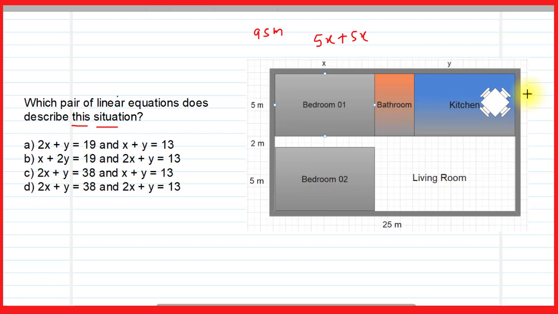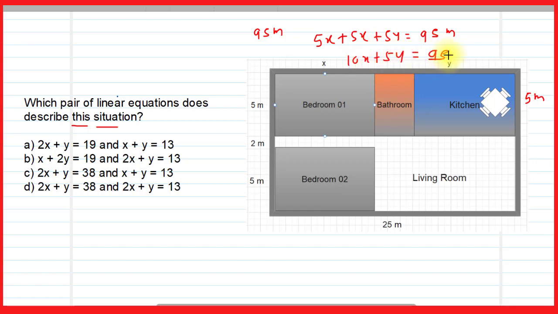So the area of 2 bedrooms and the area of this kitchen will be equal to what? This length will be 5 meter and this will be y meter. So it will be 5 into y, length into breadth, so it will be 5y, which is equal to, this is given as 95. So this will be 10x plus 5y, which is equal to 95.